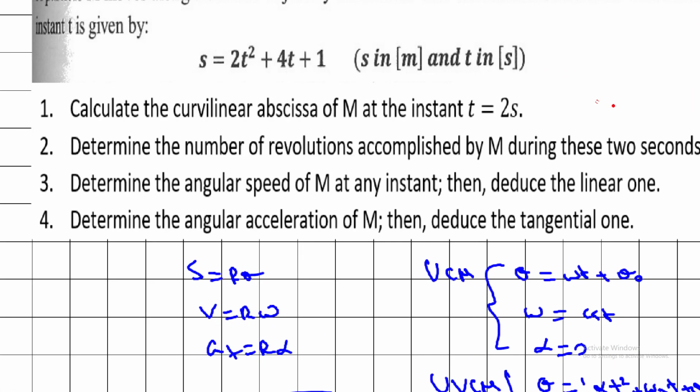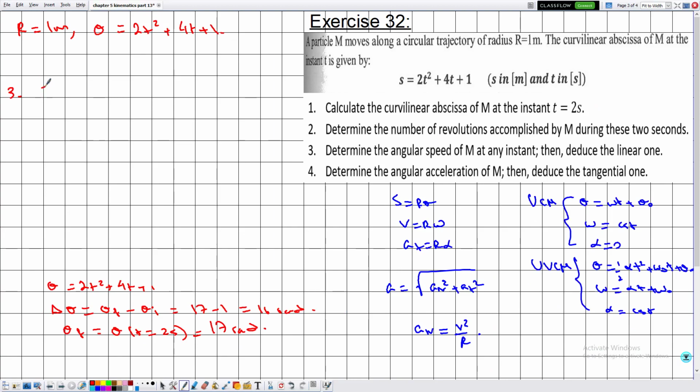Now in number 3 they are telling me to calculate the angular speed. The angular speed can be determined by justifying the type of motion. Since theta is equal to 2t to the power 2 plus 4t plus 1, it verifies the general form.